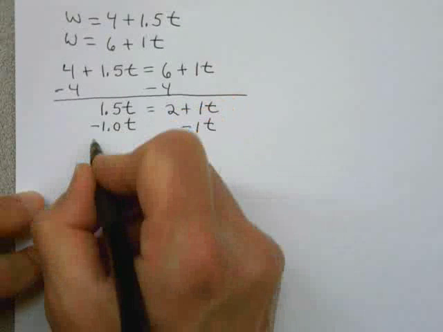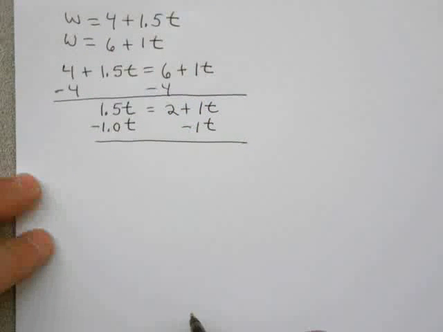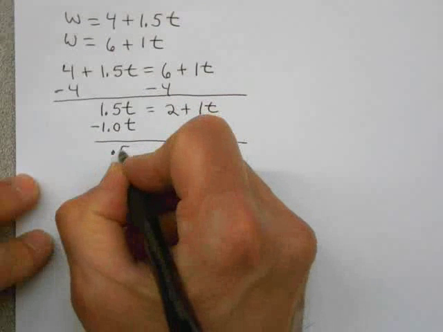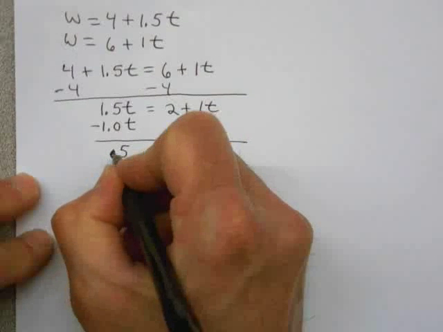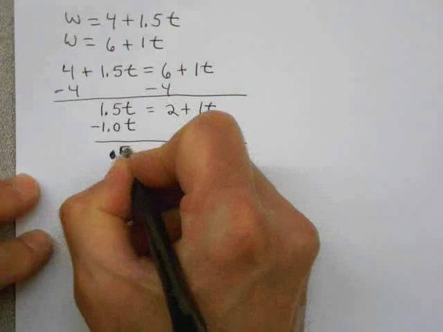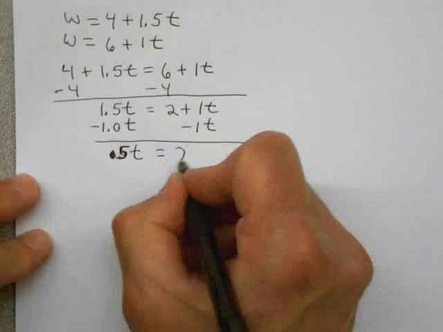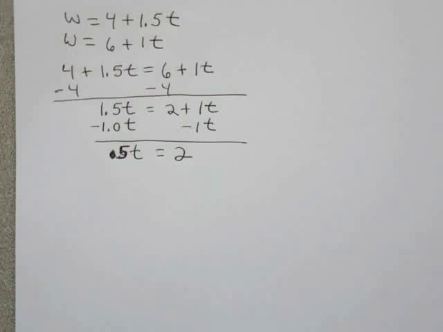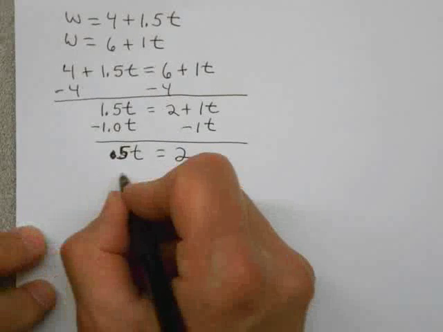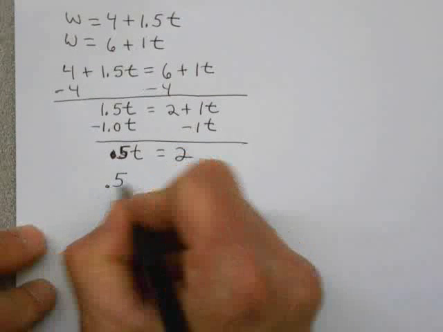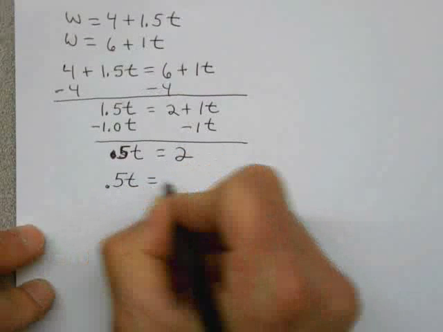This way I can keep my cells nicely aligned, which means I've got 0.5T. It's probably better to write the number first and then put in your decimal point. That, of course, equals 2. And now I have to isolate T by dividing both sides by 0.5.